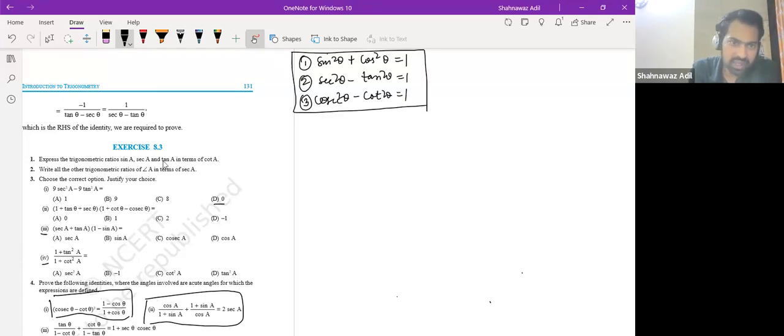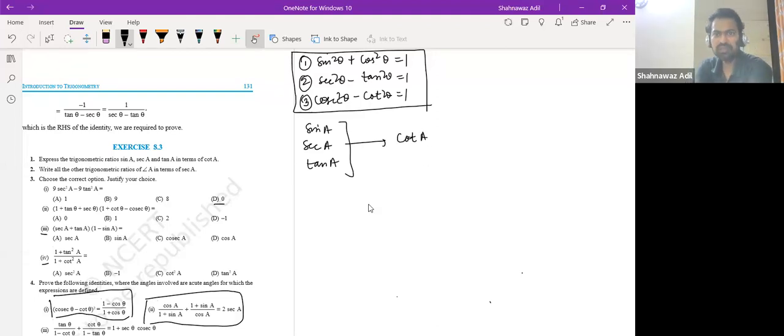And I have to write the trigonometric ratios sin A, sec A, and tan A in terms of cot A. So I have sin A, sec A, and tan A, and all these three I have to write in terms of cot A.